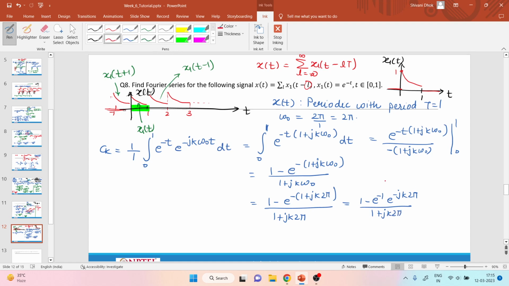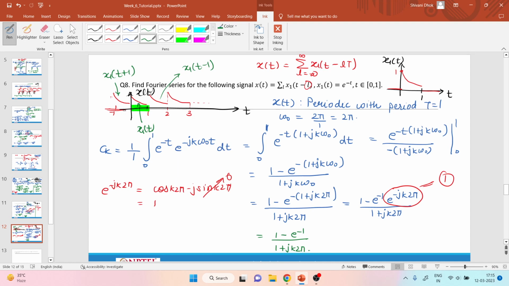Now this factor here is equal to 1, as we have seen previously. So e^(-jk2π) is equal to cos(k2π) minus j times sin(k2π). The sine goes to 0 and cos(k2π) takes value 1, and therefore this simplifies to (1 - e^(-1)) upon (1 + j times k2π).